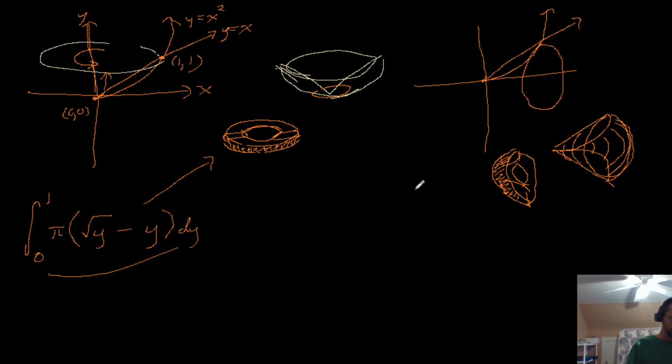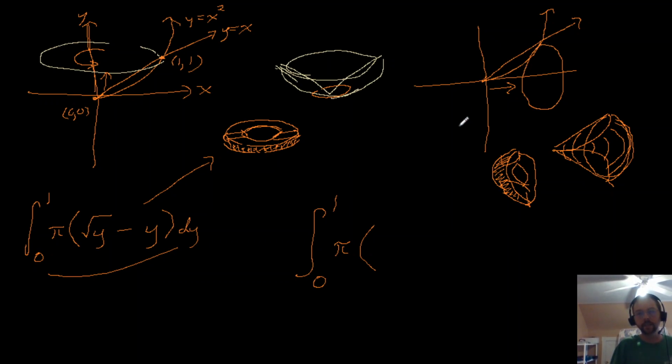And this one would be, where did I put it at? It should be this one right here. So we have the integral. This time our slices are moving this direction along the x-axis, but it is still going from 0 to 1. Pi times the uppermost one, which is y equals x.